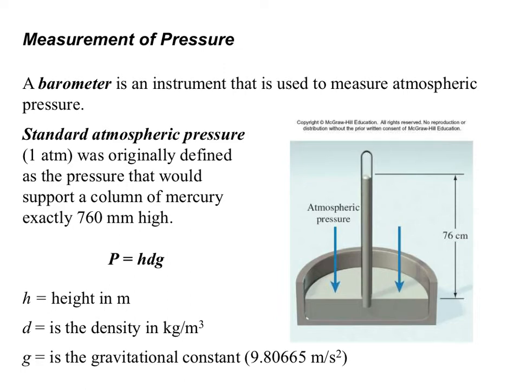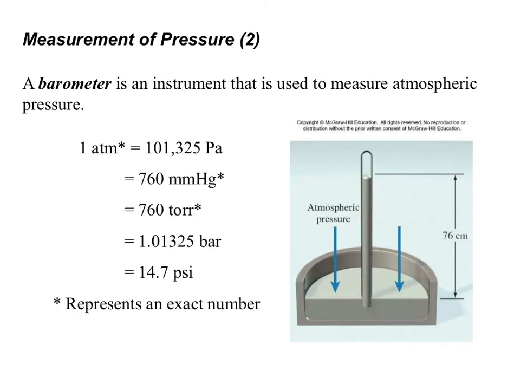Because of this, 1 atmospheric pressure at sea level ends up being 760 millimeters of mercury, or 760 torr. This, of course, leads to the weird values of 760 being the only exact values, and of course 1 atmosphere being the equivalent. However, the pascals and the bars and the psis have to be calculated. PSI being pounds per square inch, a not very standard unit in the sciences.